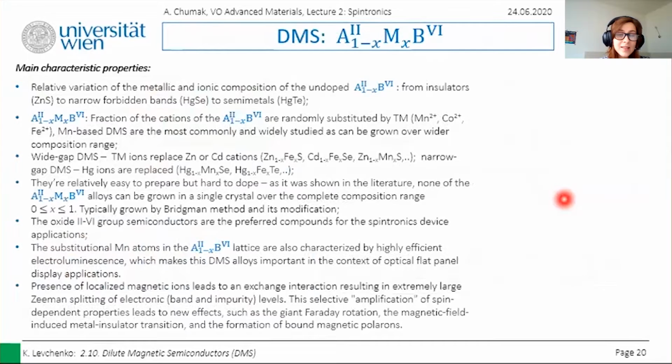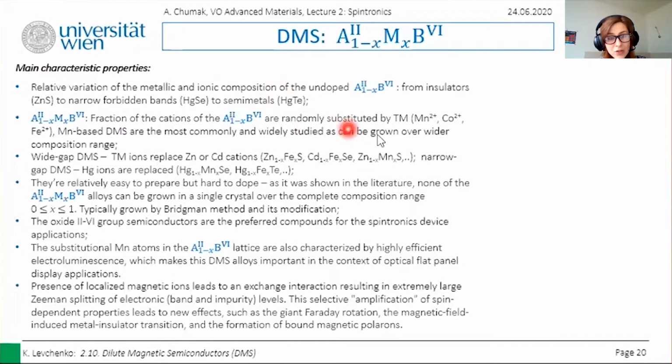The II-VI is a very interesting class where you can have different properties depending on a smart choice of the semiconductor material and the transition metal ion. The semiconductor host material itself varies from the insulator to narrow forbidden band material to semi-metal.